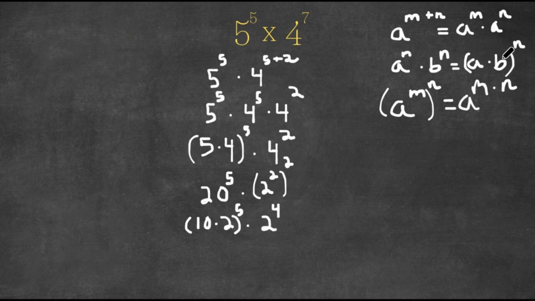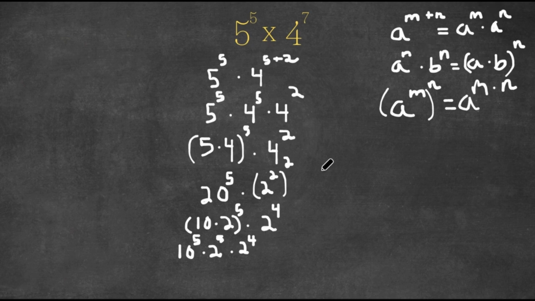So we're going to convert this form back to this form. So 10 times 2 to the power of 5 is the same thing as 10 to the power of 5 times 2 to the power of 5. And we're still multiplying this with 2 to the power of 4.